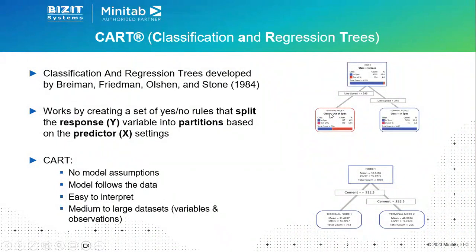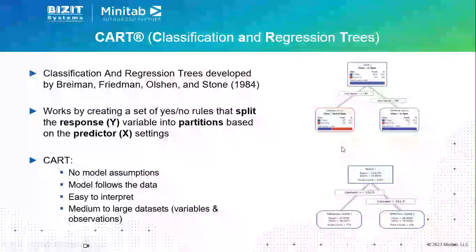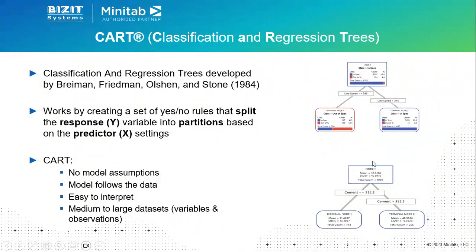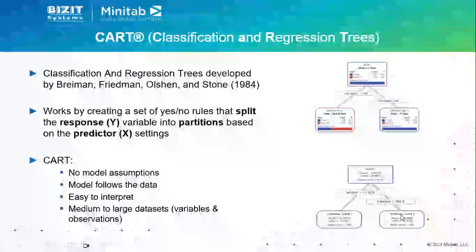CART can be a classification tree or a regression tree. It will depend on your response, and then the diagram of the CART will be different. If you go for the CART classification tree, you will see the percentage. But if your response is regression measurement data, you will use CART for regression. So you will see the mean and the standard deviation on this splitting.